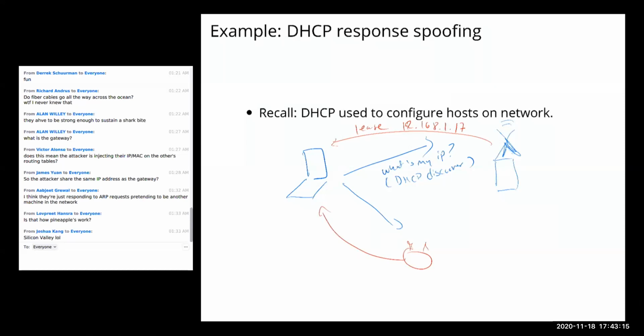So the attacker can say, actually, here's your lease. Your IP address is 192.168.1.18. So we beat this response. And I'm also going to tell you what the gateway is. The gateway is 192.168.1.42, which happens to be the IP address of the attacker. And your name server is actually this as well. And now whenever this machine tries to talk to the network, it thinks this is the gateway. It also thinks this is the name server.